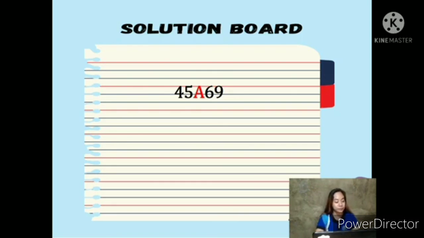So, think a number na kapag pinag-multiply ay magiging 45A69. So, 213 times 213 is equal to 45,369. So, the value of digit A is equal to 3.